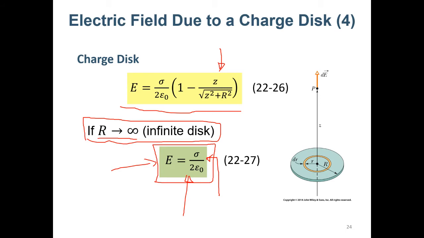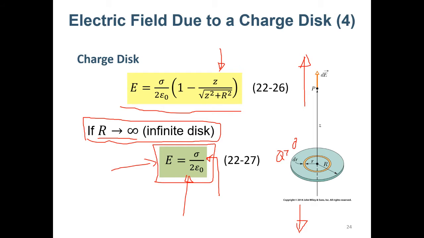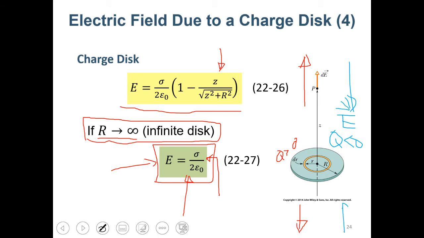So actually, if the charge is positive, the E field will point in the upward direction for the upper part, and point in the downward direction for the lower part, if Q is positive. If Q is negative, then the E field will point in this direction.